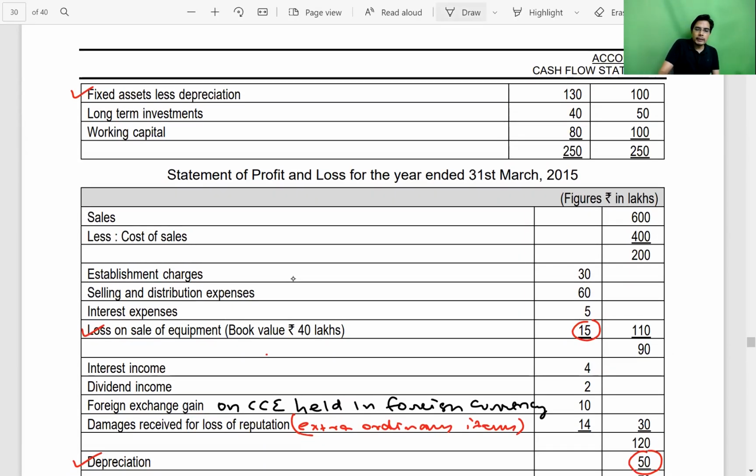Working capital, current assets minus current liability. Already we have used it to find out debtors, creditors, opening stock, closing stock, payment to creditors, collection from debtors. Sales in debtors account we have already used. Cost of goods sold we used to find out purchases. Nothing mentioned. Assume expenses which are appearing in the P&L account, that is what we have paid during the year.